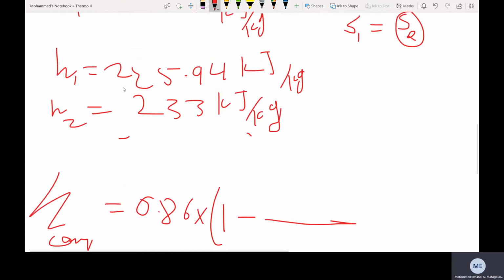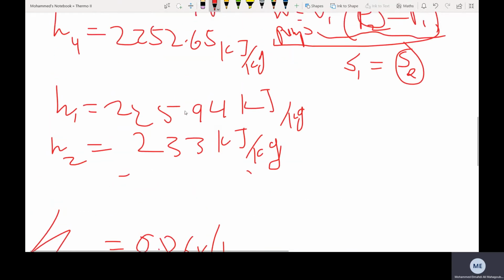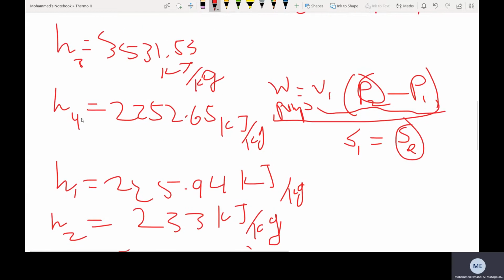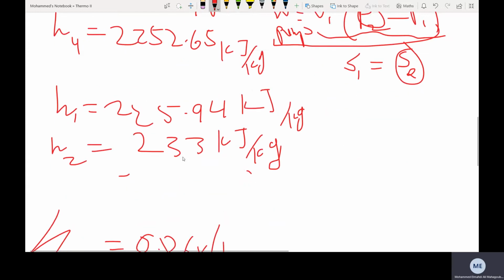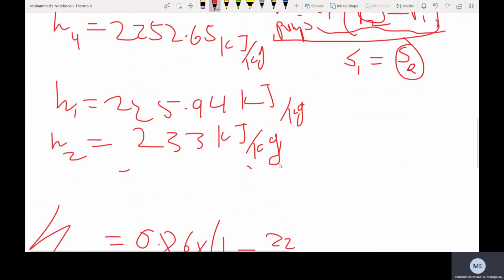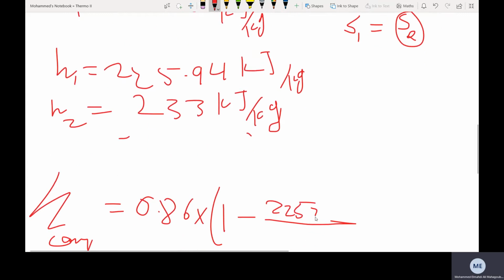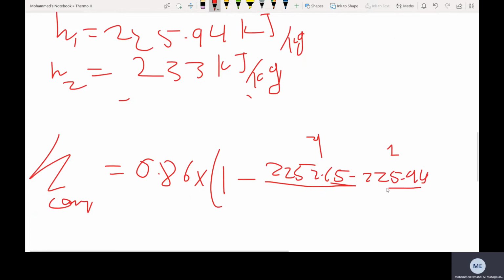Now open this. In the top I want the heat out, which is H4 minus H1. It is 2252.65 minus 225.94, which is H1. So this is 1, this is 4.